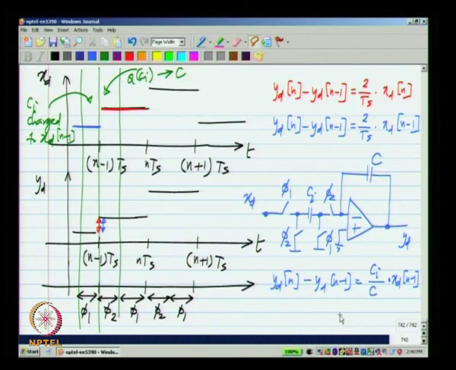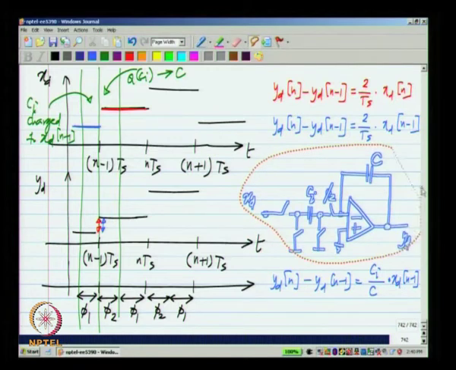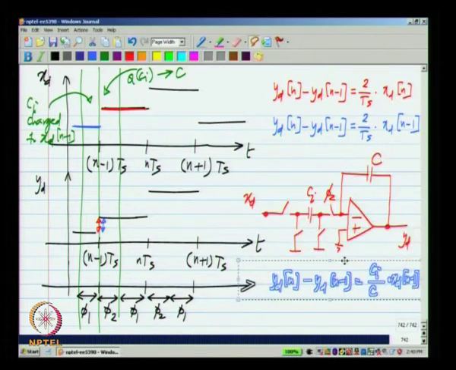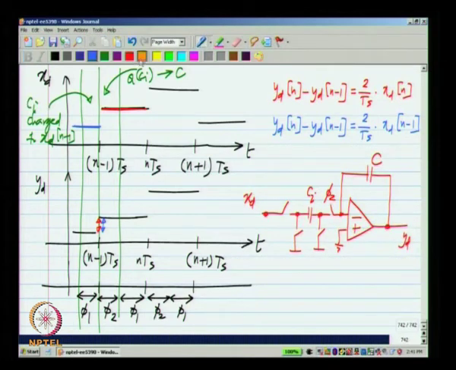Now, we would like to instead implement the other one where the change in the output voltage is proportional to the present sample. So, in this case what should happen is when phi 2 is connected to this, that is during this period, that is when the voltage on the capacitor C changes and the amount of charge should be related to the present sample.